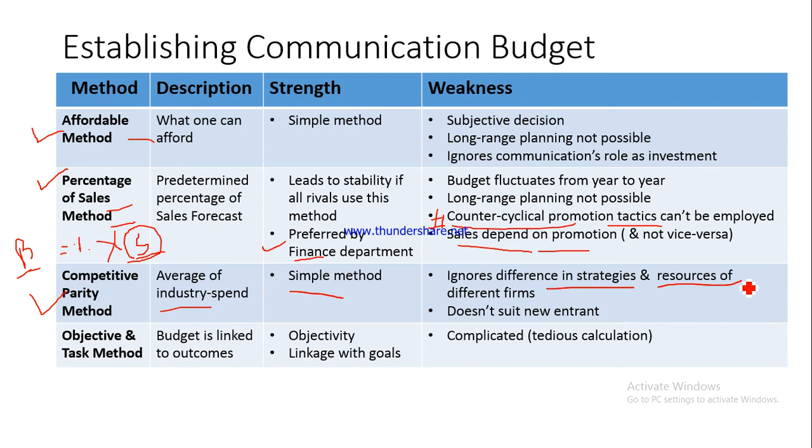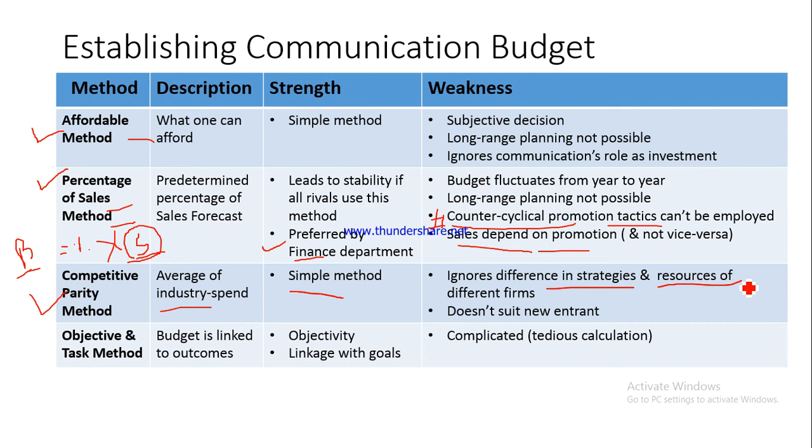For example, they are providing more margins to their dealers so that the dealers would push their products. So naturally this second company, which is giving a higher margin to its dealers, would not be spending that much on advertising, for example. So different companies will have different strategies.